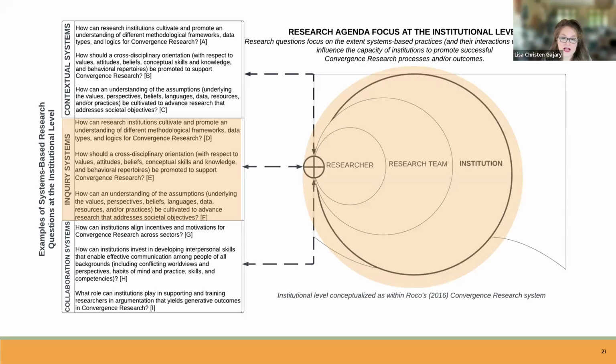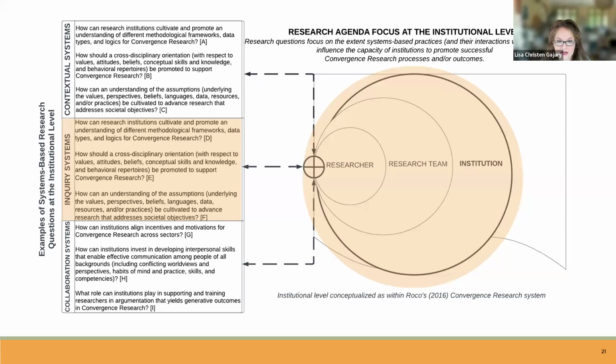If you think of it at an institutional level, where you are capturing the interactions of the research teams and researchers, and you're trying to broaden up your scope to that level of analysis, one question that might serve to advance an understanding of convergence research is: what are boundary objects in instilling and enhancing a shared intellectual vision of convergence research?